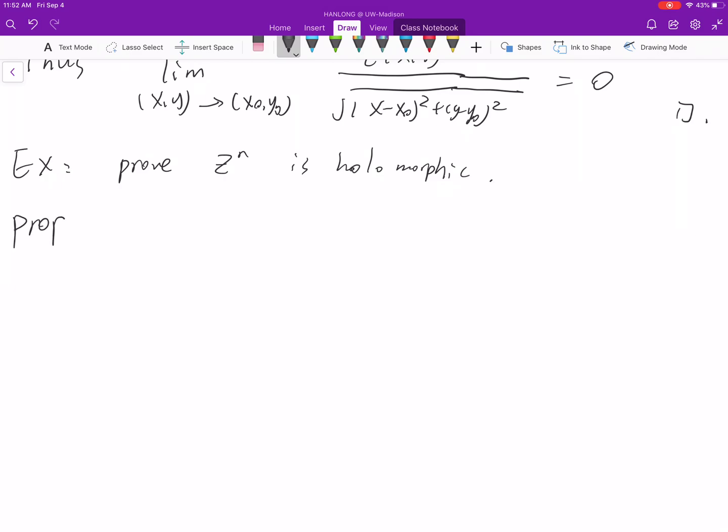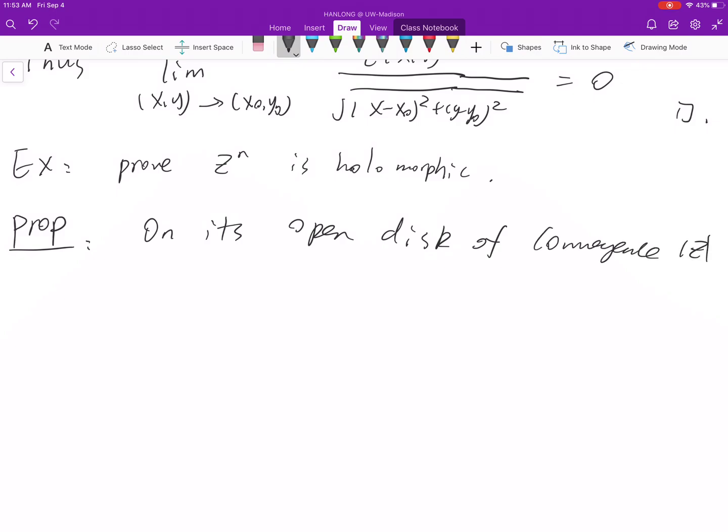Okay, and a generalization can be given based on the previous theorems. On its open disk of convergence, a power series defines a holomorphic function.